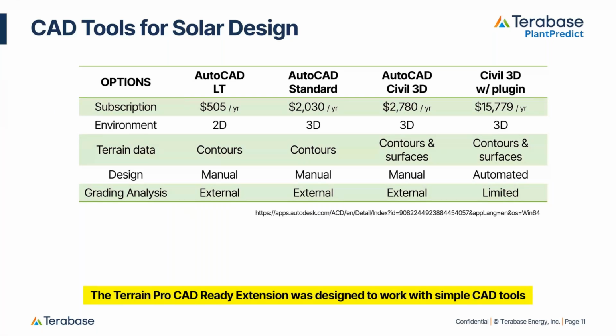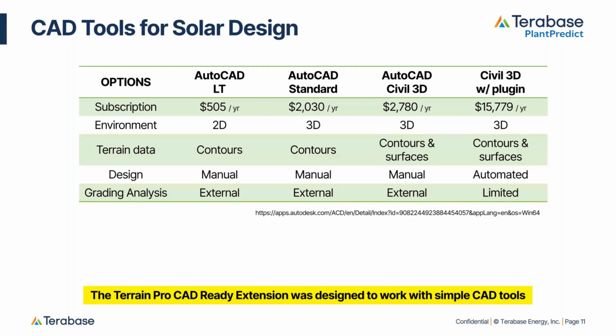So the challenges with existing tools are that once the layouts and topo data are in CAD, earthwork calculations can still take us a long time to complete, especially if we want to look at multiple parameter sets. For example, we want to look at different pile reveals or pile reveal windows, or we want to look at a standard tracker or a terrain following tracker. That can take a lot of time with the existing tools.